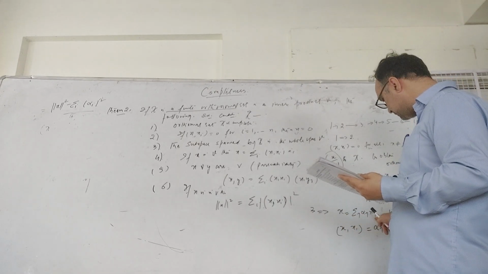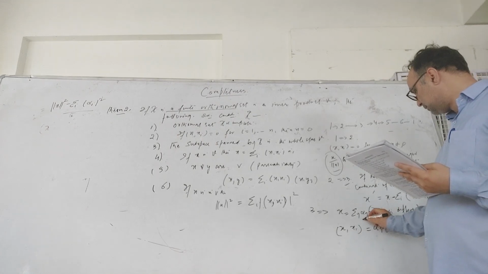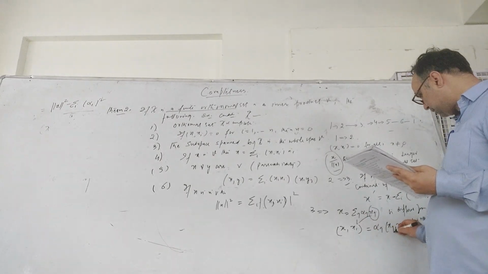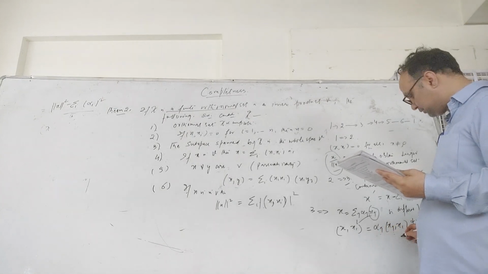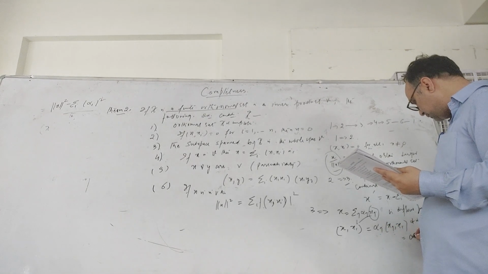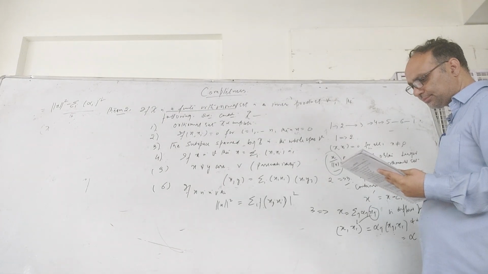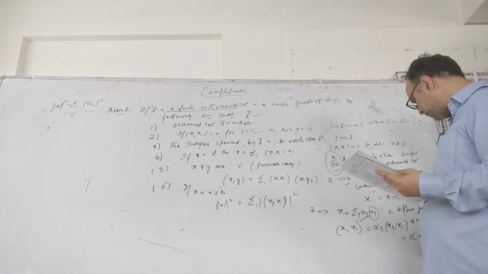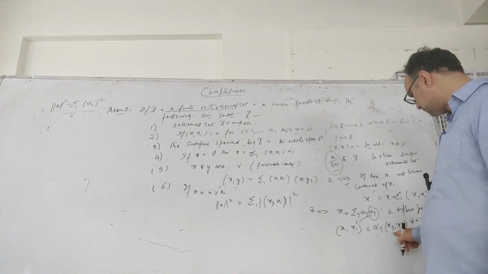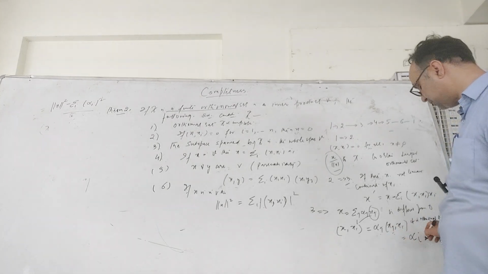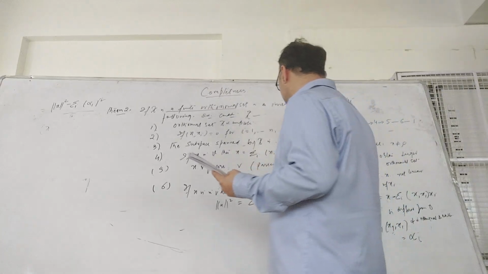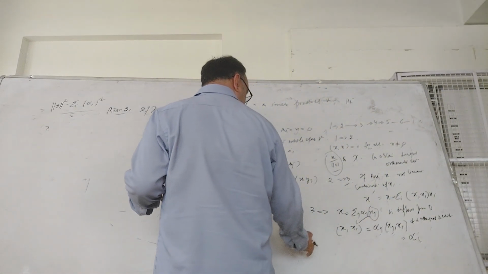So we have defined xj here, so we can write it like this, and it will be alpha i, because this j is common. So this is third to fourth.